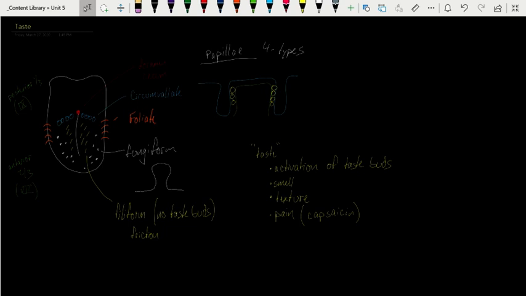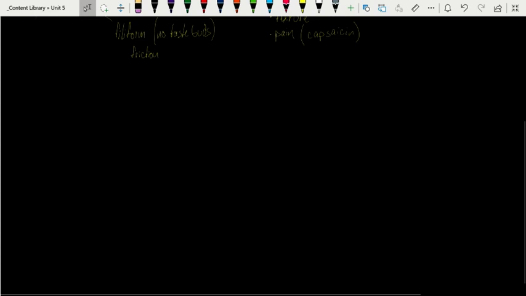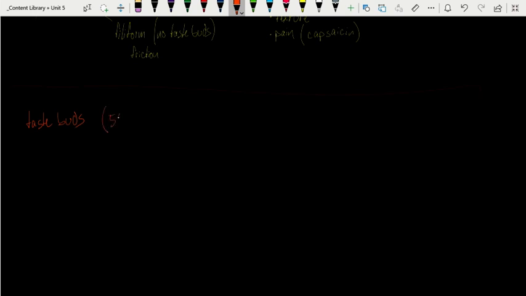Okay, let's zoom out. Let's look at this. Let's bring up another screen. When we think of taste buds, I want to recognize that per taste bud, there are between 50 and 150 different receptor cells.